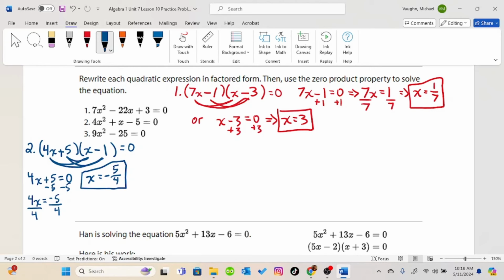Then we set the other factor equal to 0, x minus 1 equals 0. We add 1 to both sides, and we get our second answer, x equals 1. And that would be the solutions to number 2.